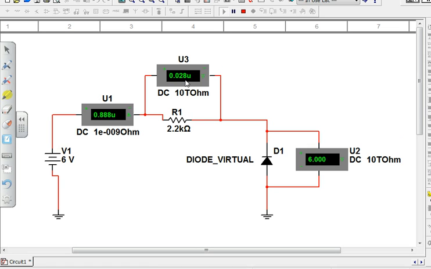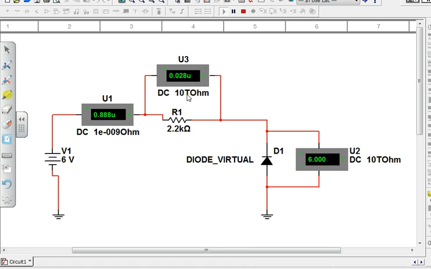We have 28 nanovolts showing up across there, and virtually nothing, 0.8 microamps. Is that better? So it would appear that because this is a virtual diode, I would imagine that its characteristics are pretty much ideal. And it's our meters that are causing the change in our numbers, not the diode.